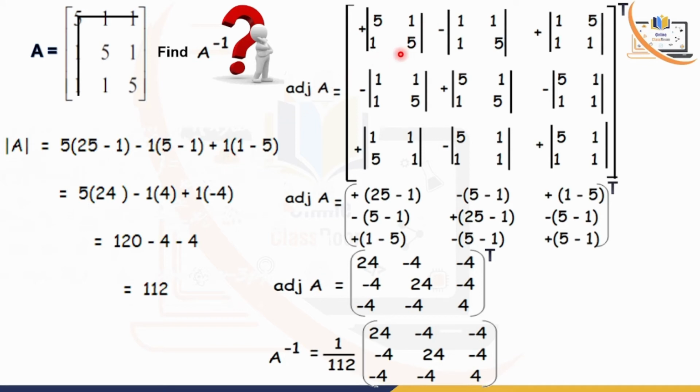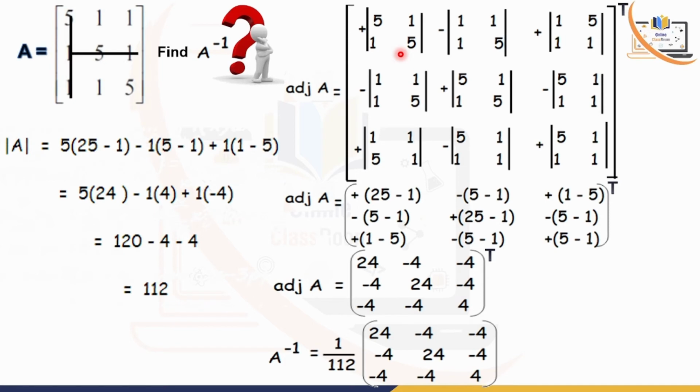In the second place, if I consider the point 1, the corresponding minor becomes 1 1 1 5 with a negative position. But whenever the minor is taken with the corresponding sign, it is called a cofactor.